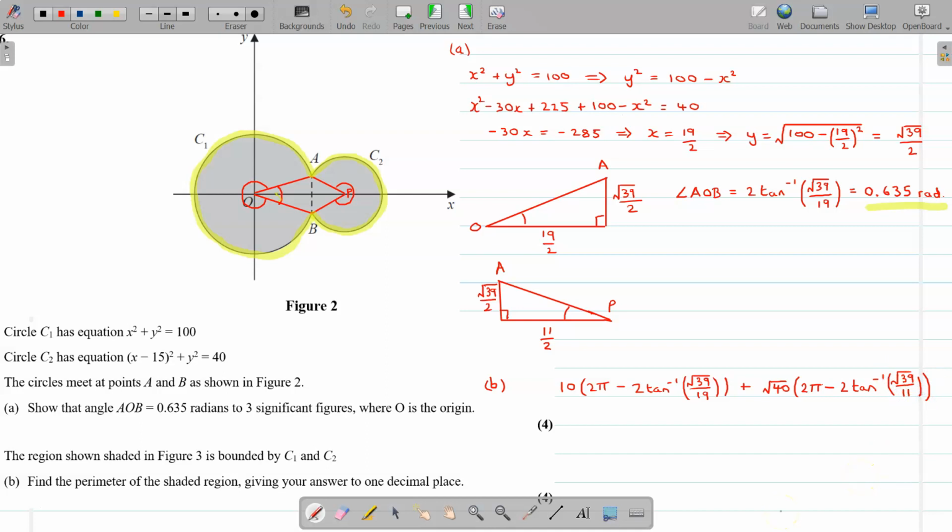Okay, now that's it. That is the calculation that you need to do.